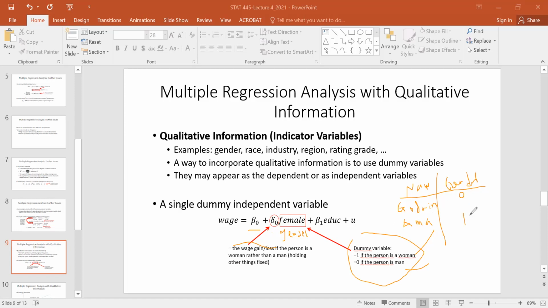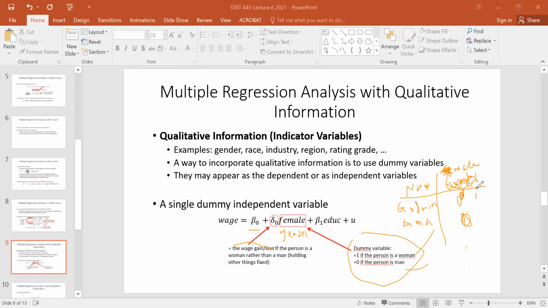So this is how the data will look in Microsoft Excel, and they will put the value there for everybody. By the way, this is called female and not gender, but I prefer to call it gender. You can actually change this to male and say all the males will take 1, all the females will take 0. It depends on you. And then you plug the variable into your regression.